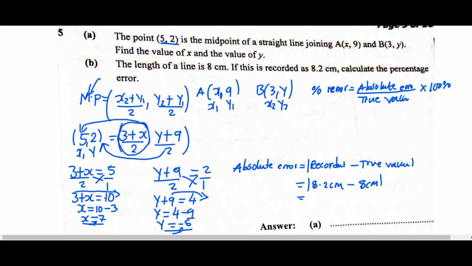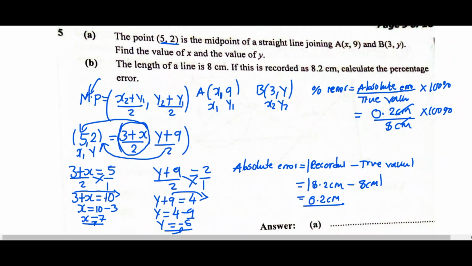If we subtract 8 from 8.2, we get 0.2 centimeters. So 0.2 centimeters is our absolute error over true value, still 8 centimeters, times 100%.